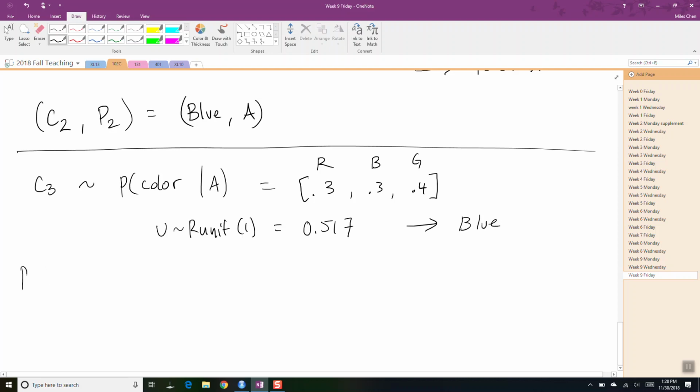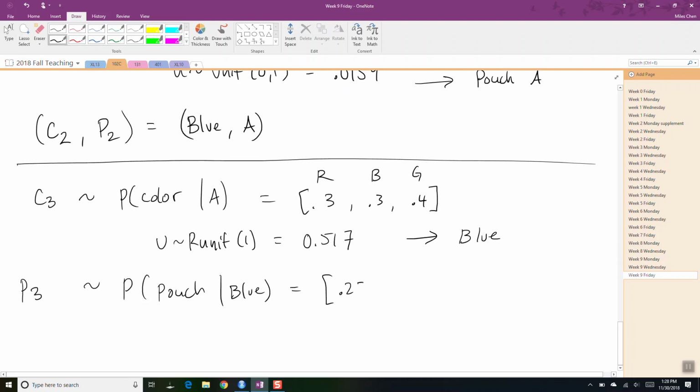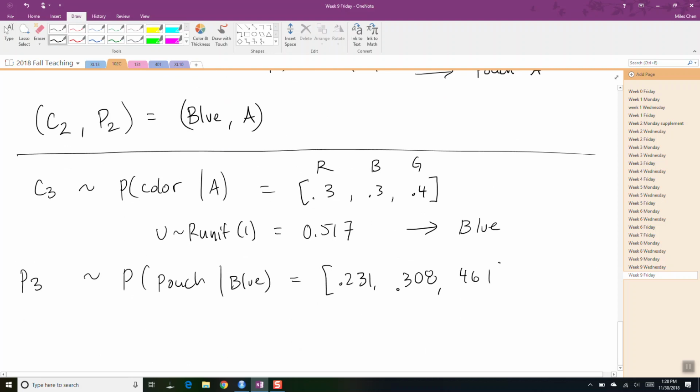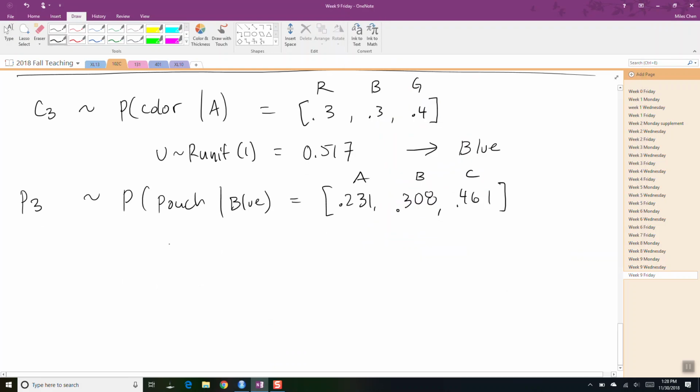All right, and then we'll do pouch. P3 comes from the probability of pouch given blue, and we established that this was 0.231, 0.308, and 0.461 for A, B, and C. Okay, and then this time I again draw a random uniform, and I get 0.4255.